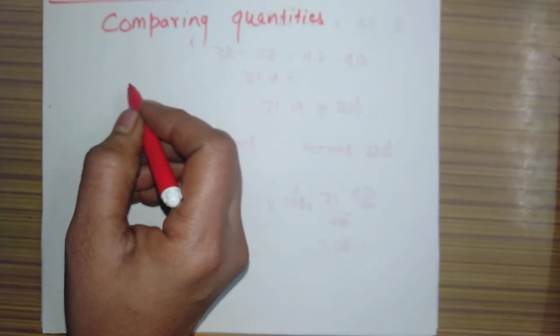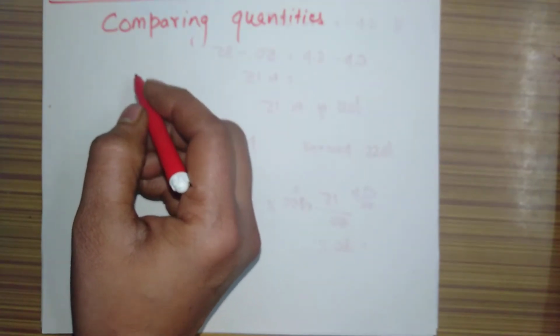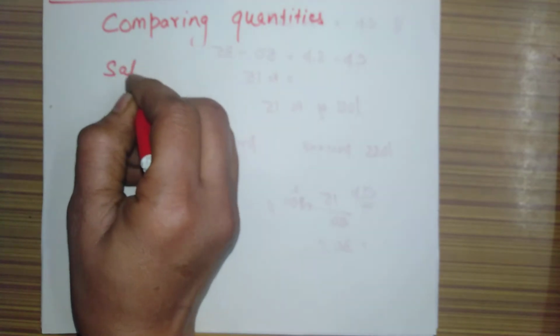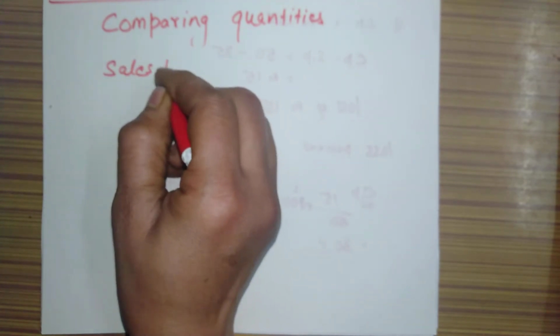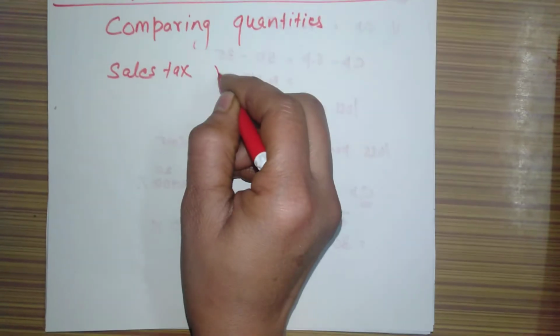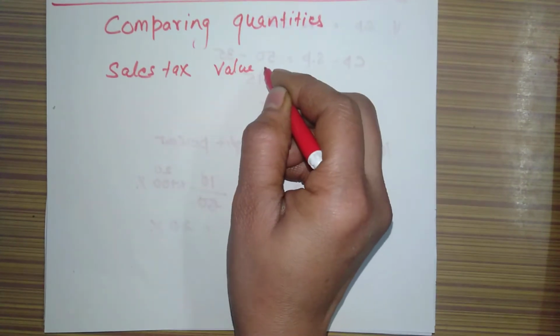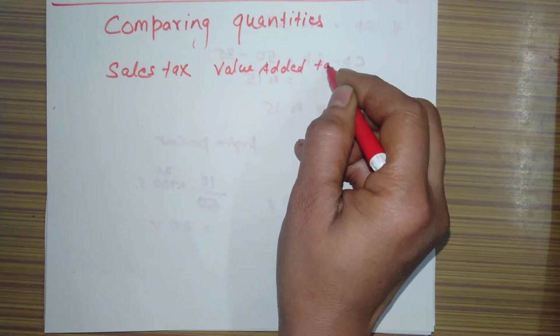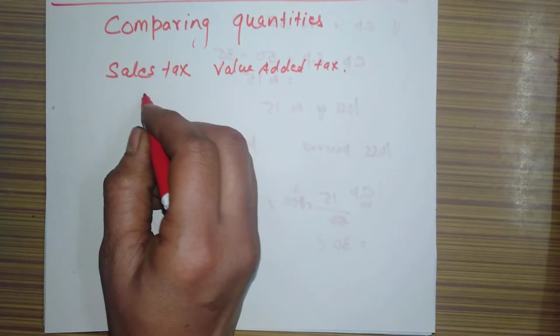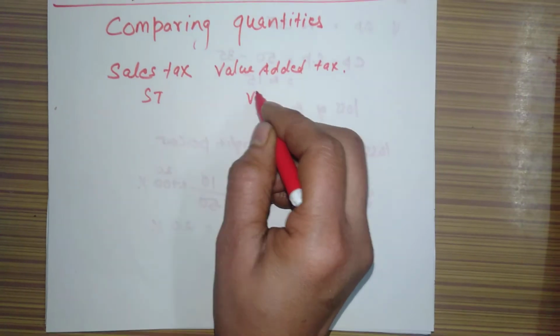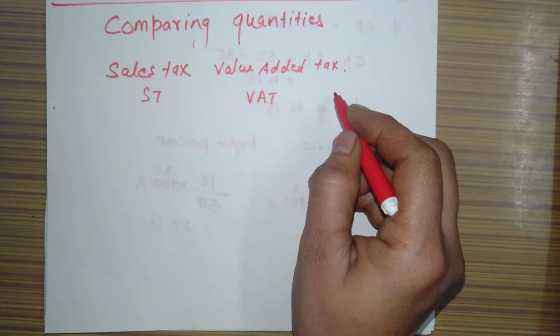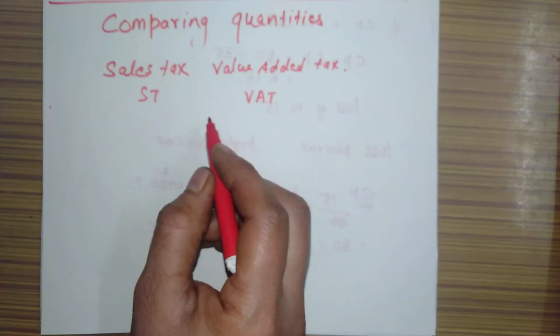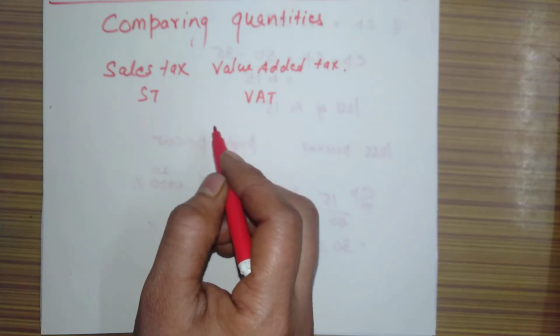Before that I will be telling you about the sales tax or value added tax. This is ST or VAT, and these two are the taxes which the government charges.